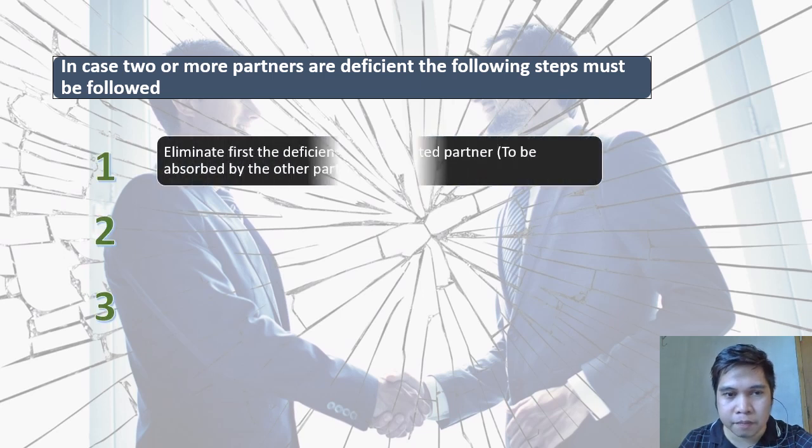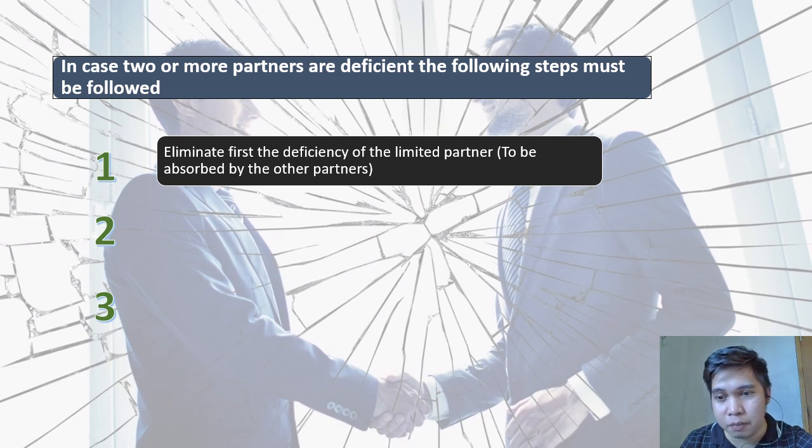First step, you have to eliminate first the deficiency of the limited partner to be absorbed by the other partners. Kasi as we mentioned earlier, if we say limited partner, hindi siya required magkaroon ng additional investment. At the same time, hindi rin siya required magkaroon ng right to offset. So automatic, para ma-ensure natin na mag-smooth yung process ng liquidation, i-identify muna natin sino ba dyan yung limited partner. In case deficient yung limited partner na to, automatic po i-absorb na yung deficiency niya ng ibang partners.